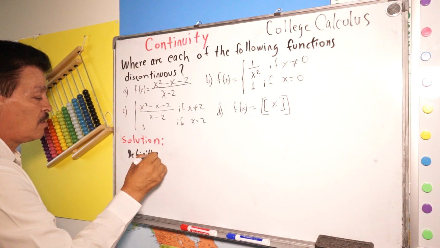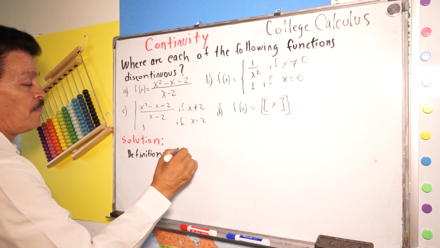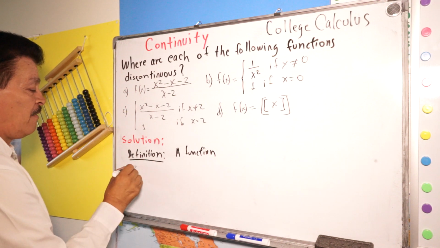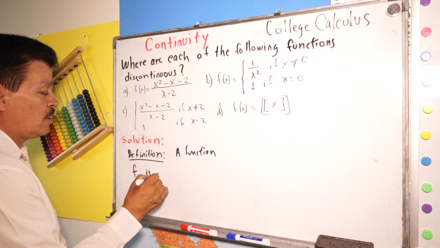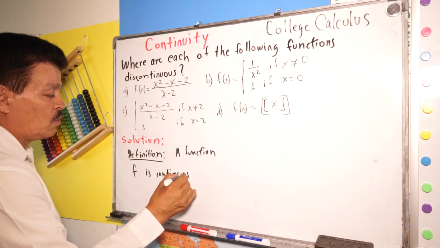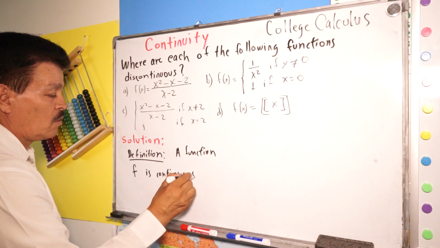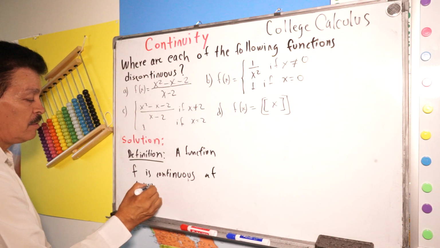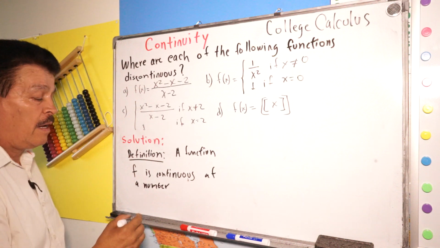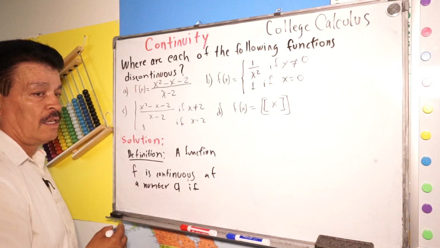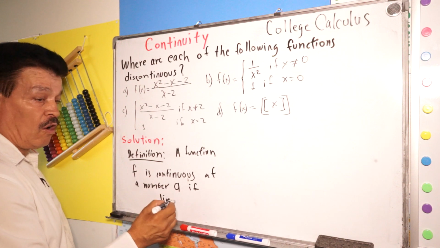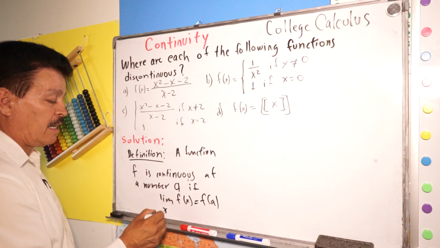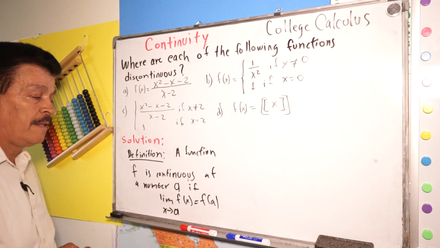A function f is continuous at a number a if the limit of f of x equals f of a when x approaches a. This is the concept.